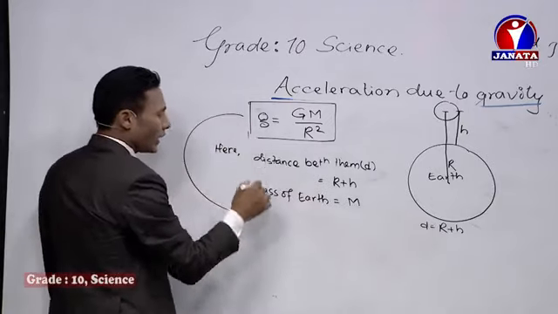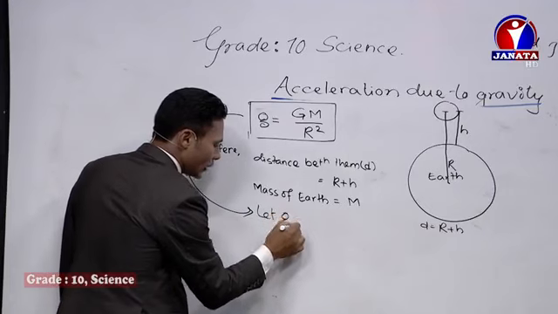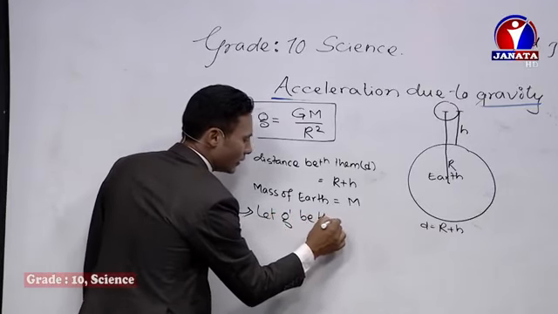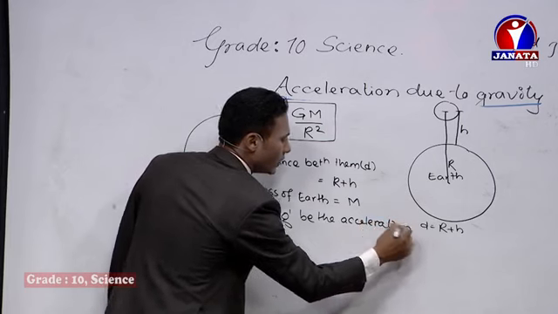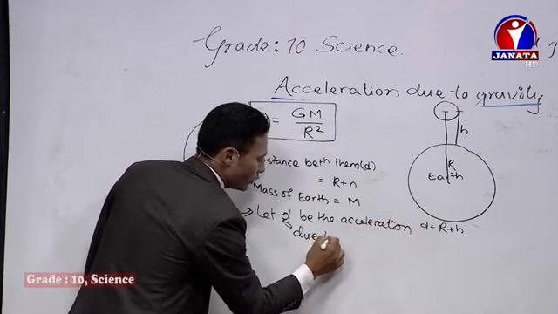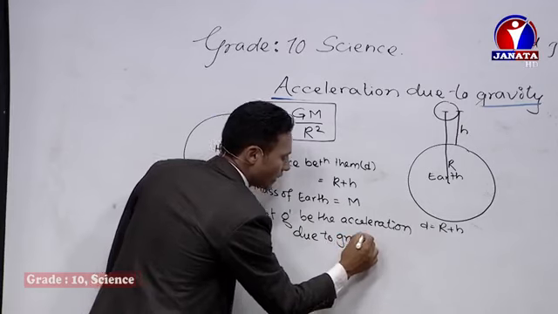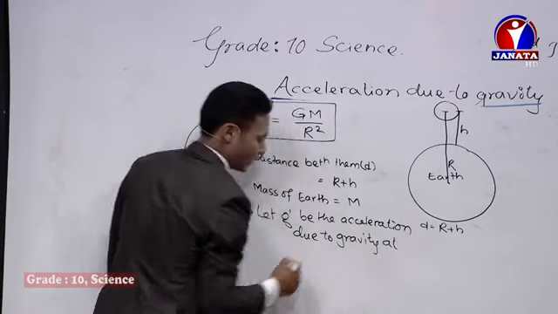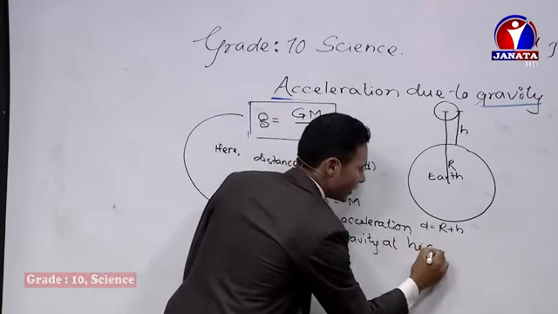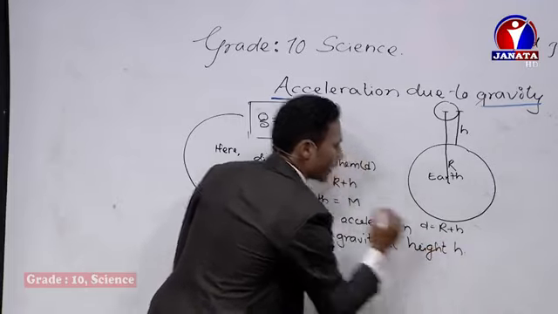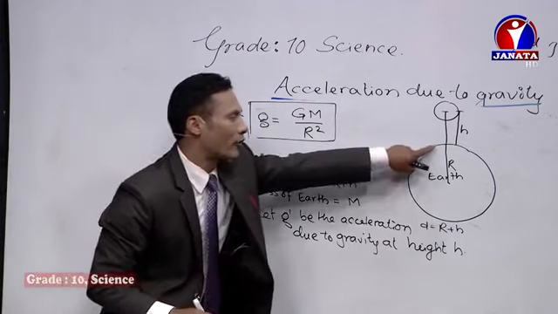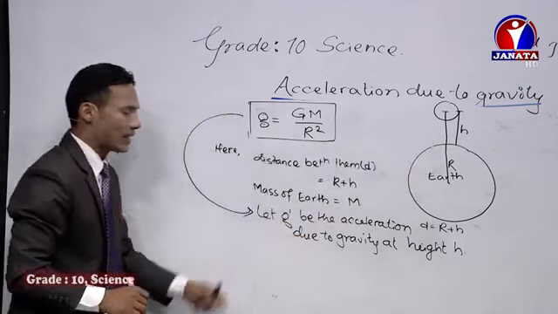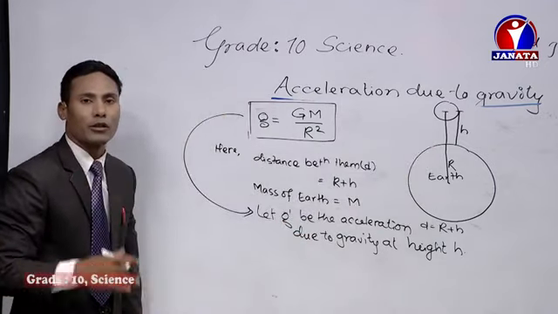So let g dash be the acceleration due to gravity at height h. So g is the representation for the surface of earth, and g dash is the acceleration due to gravity at a certain height.